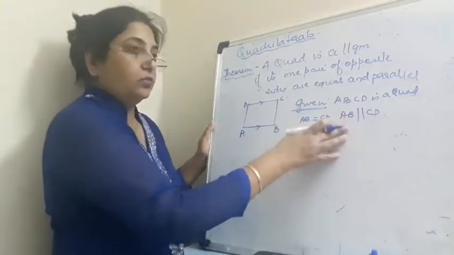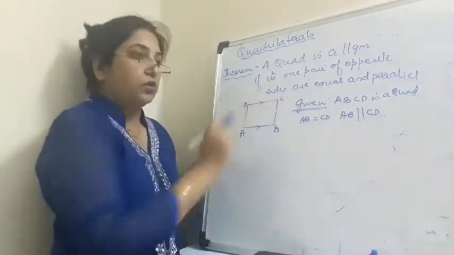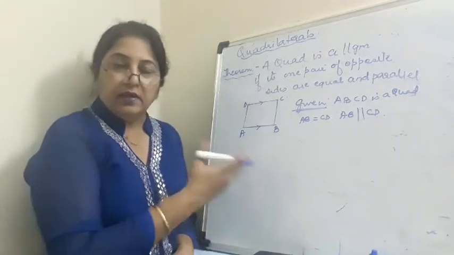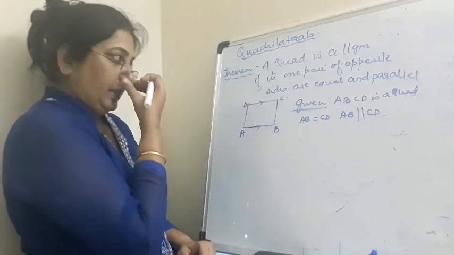Now this will help us to prove the complete theorem, and if we prove that the other pair is also equal and parallel, then we can write that ABCD is a parallelogram. Okay, so let's start with the proof.